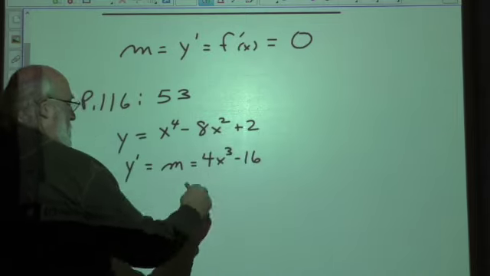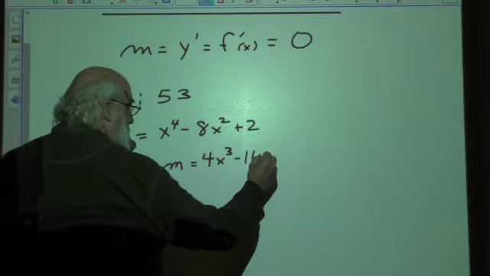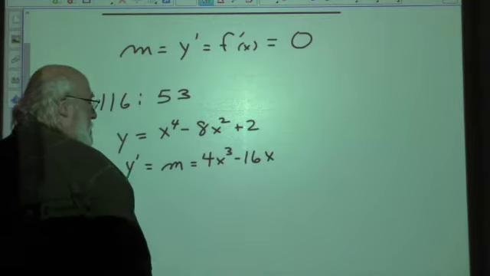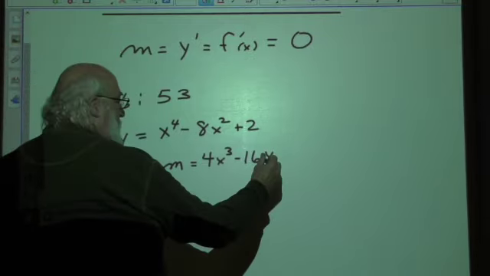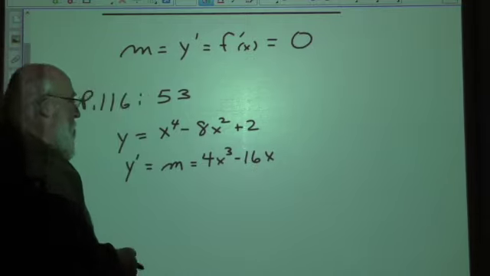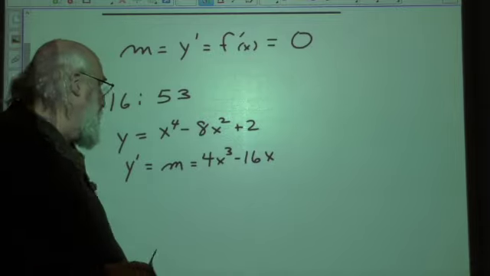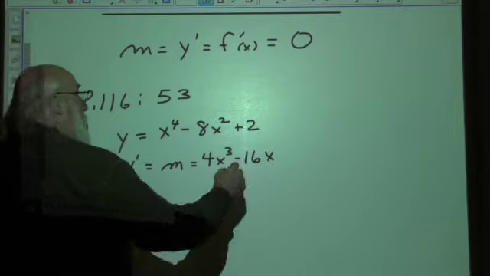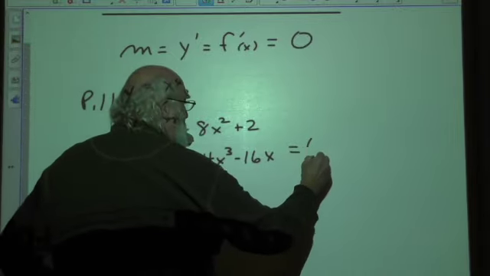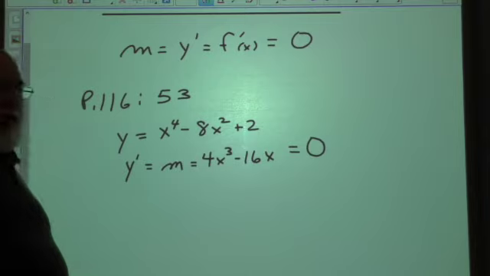And we subtract 1 from the x, that gives us x to the 1st power. And this is a constant, and the constant is always equal to 0 when you're finding the derivative of it. So this is our equation that we're looking at here. And we know that it's going to equal 0 to be horizontal.